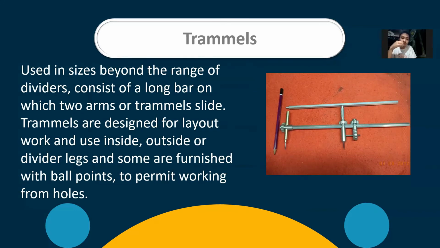So next type is the trammels, which are used for distances beyond the range of dividers. Consists of a long bar on which two arms or trammels slide. Trammels are designed for layout work and use inside, outside, or divider legs, and some are furnished with ball points to permit working from holes. So ito naman, before discussing the trammels, meron tayong tinatawag na divider, which is basically a protractor.